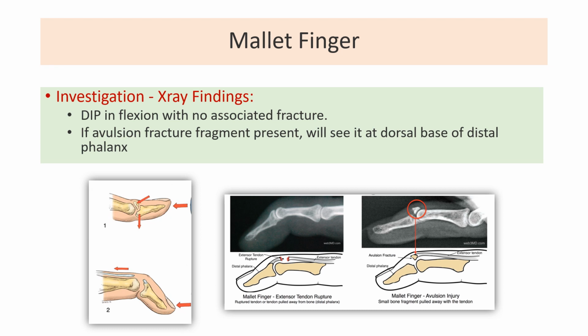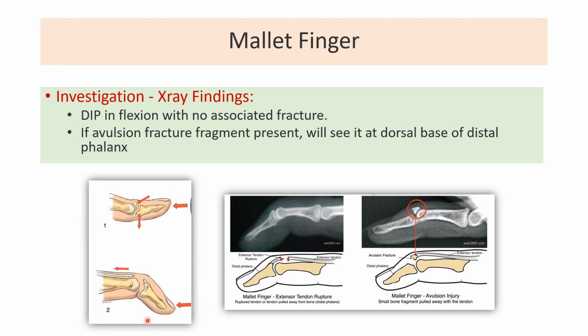The X-ray is the one that can give a clue about this condition. There can be flexion at the distal interphalangeal joint with no bony fracture, as you are seeing in this case.